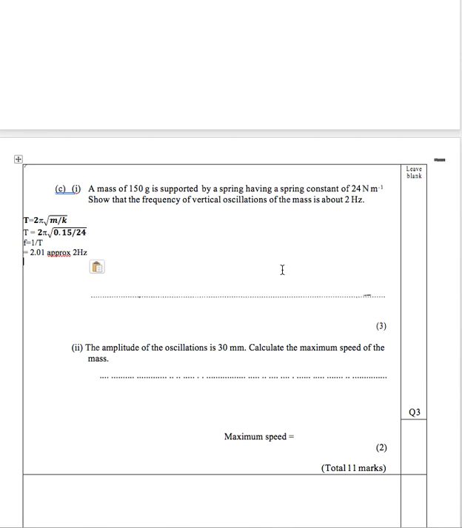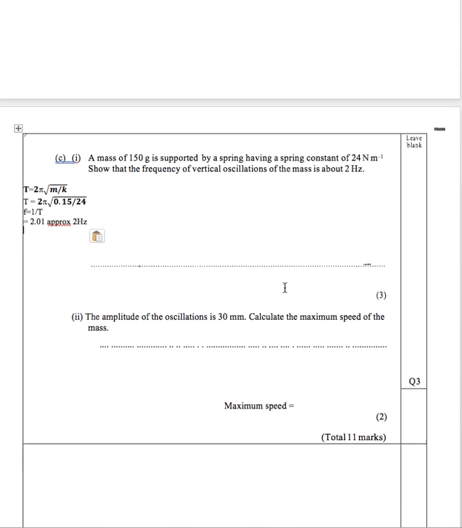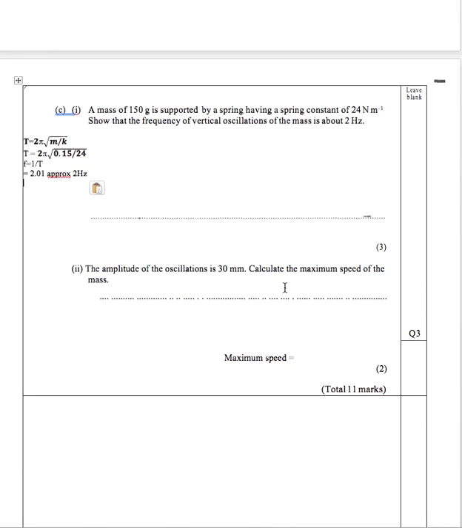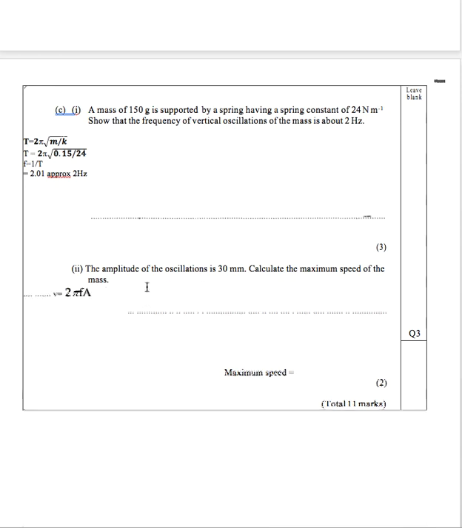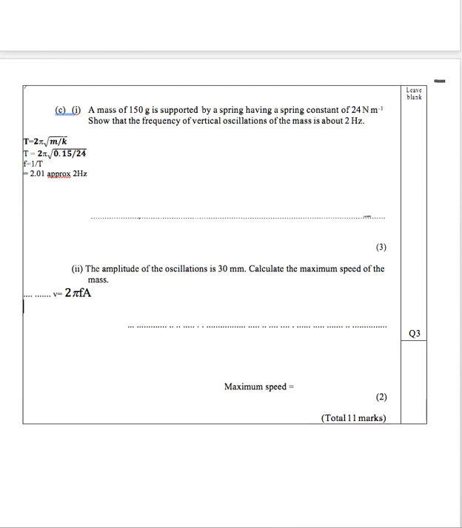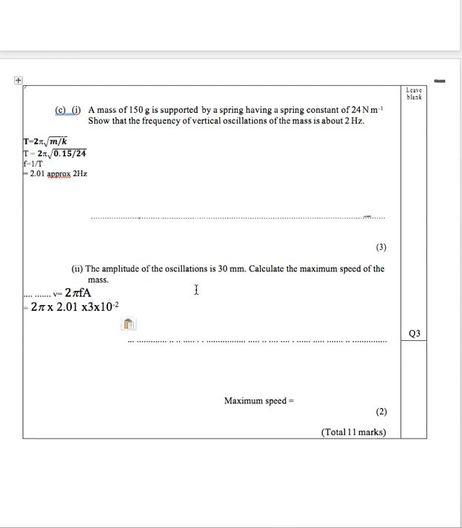So there it is. And then it says the amplitude of oscillation is 30 millimeters. Calculate the maximum speed of the mass. So we're going to use our v is 2 pi f A expression. And we're going to stick in our numbers, remembering that our A that we're given is in millimeters, so we want that in meters, 3 times 10 to the minus 2.